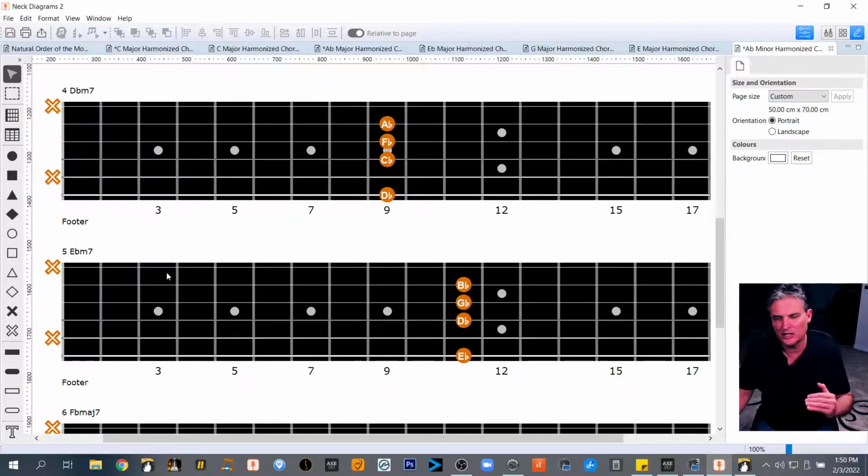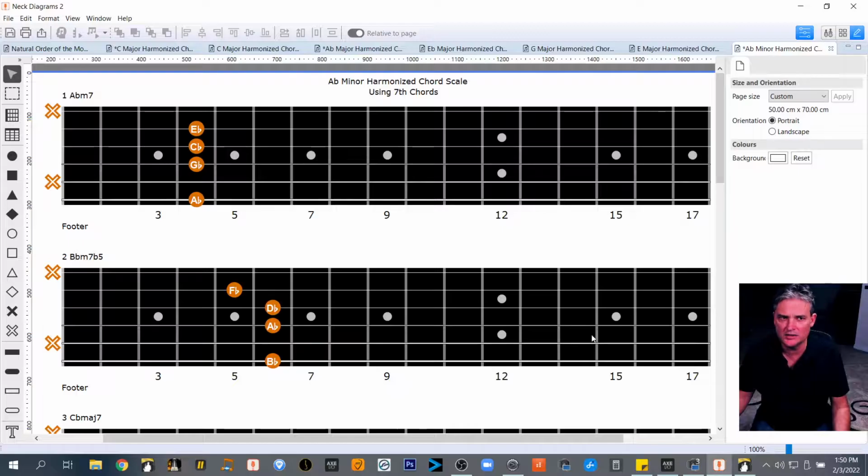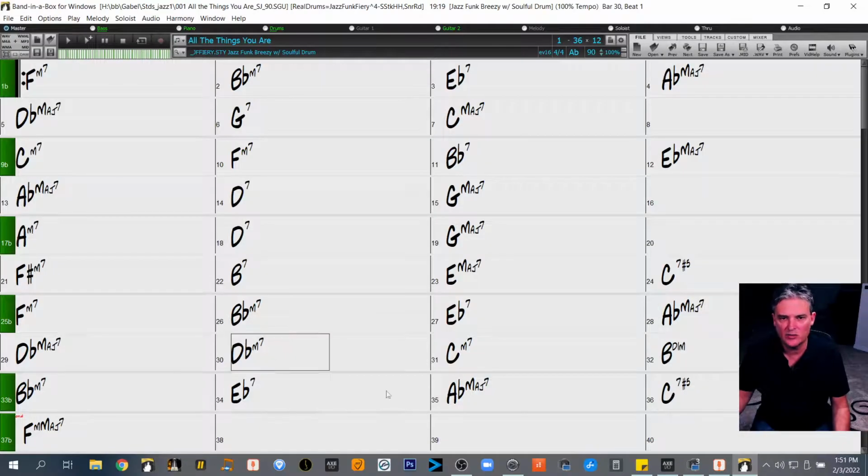Well, that's actually coming from harmonic minor, and that is a whole other topic that we may touch on later in the video. But the reason why we came here is to explain where this D flat minor came from.